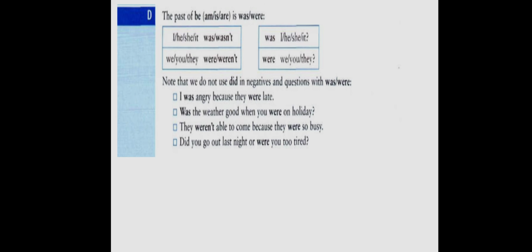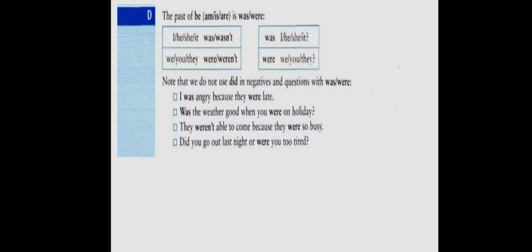Note that we don't use did in negatives and questions with was or were. If the main verb is like played, went, studied, visited, in the past, we use do, does, did.